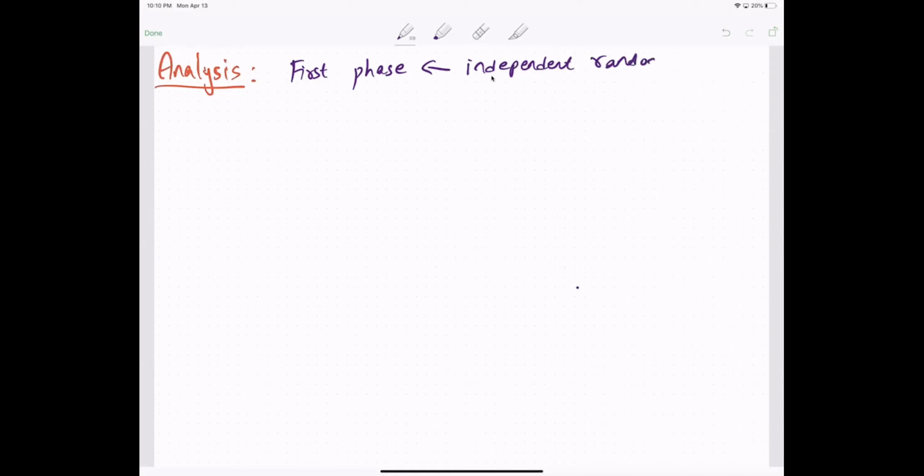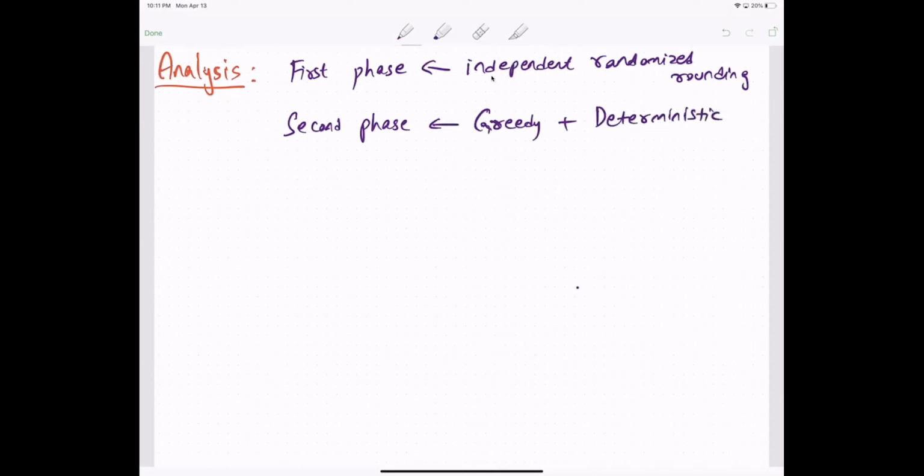In the second phase, there is no randomization. It's a greedy algorithm in some sense, and it is deterministic. So only phase 1 has all the randomization.